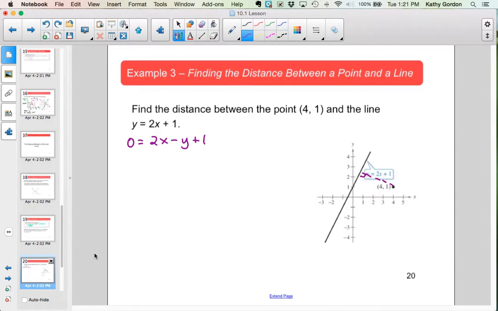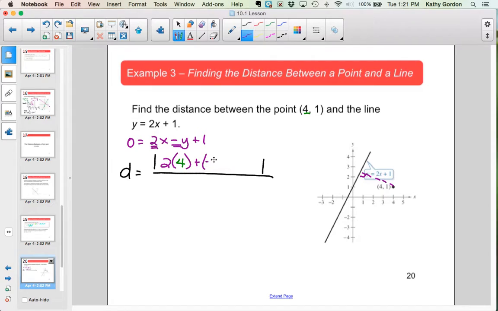All right, so then for our equation, the distance is going to equal the absolute value of the numerator, which is going to be the 2 from my x term times the 4 from my x coordinate plus, what's b?